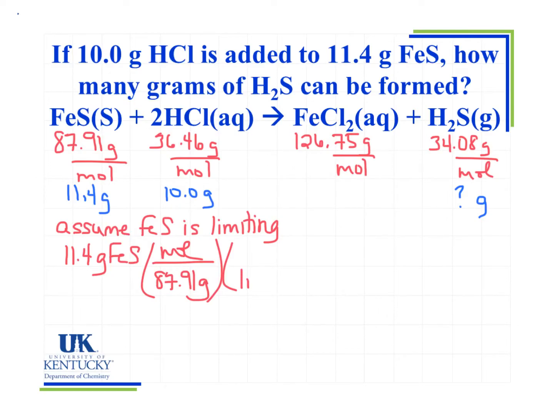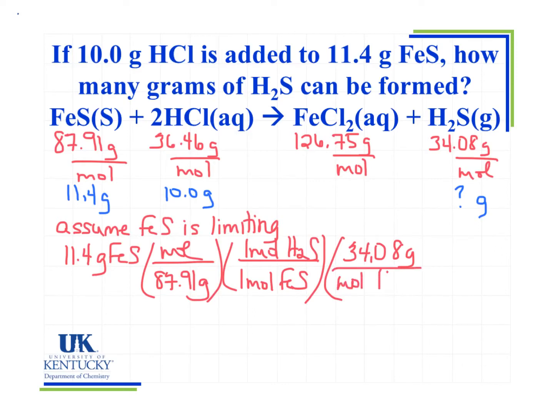So I see that for every 1 mole of FeS, I'm going to produce 1 mole of H2S, and then I'm going to go ahead and convert that to grams, 34.08 grams per mole of H2S, and I put the mole on the bottom because I want my units to cancel out. So grams of FeS cancels, moles of FeS, moles of H2S, and what I'm left with are grams of H2S.